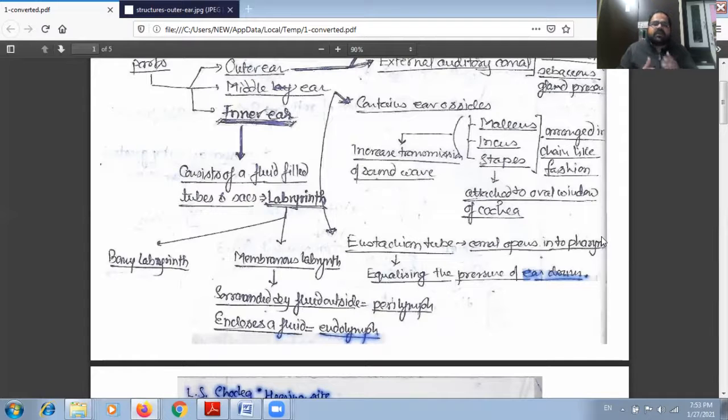The extra pressure created by the vibration of the tympanic membrane will be adjusted by this eustachian tube, by delivering the extra pressure into the pharynx.